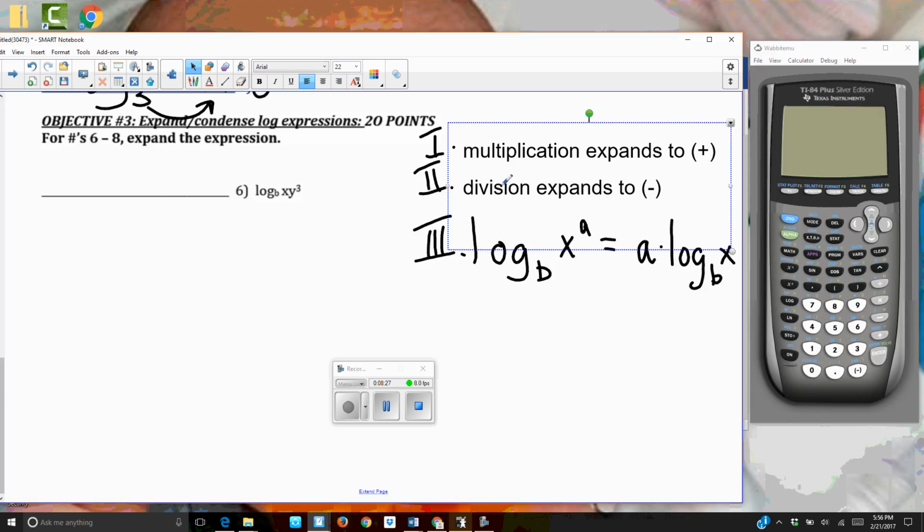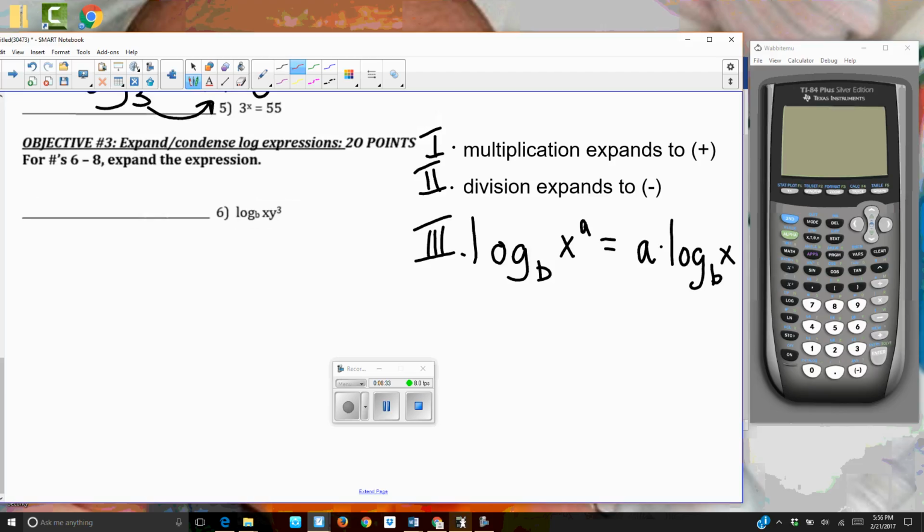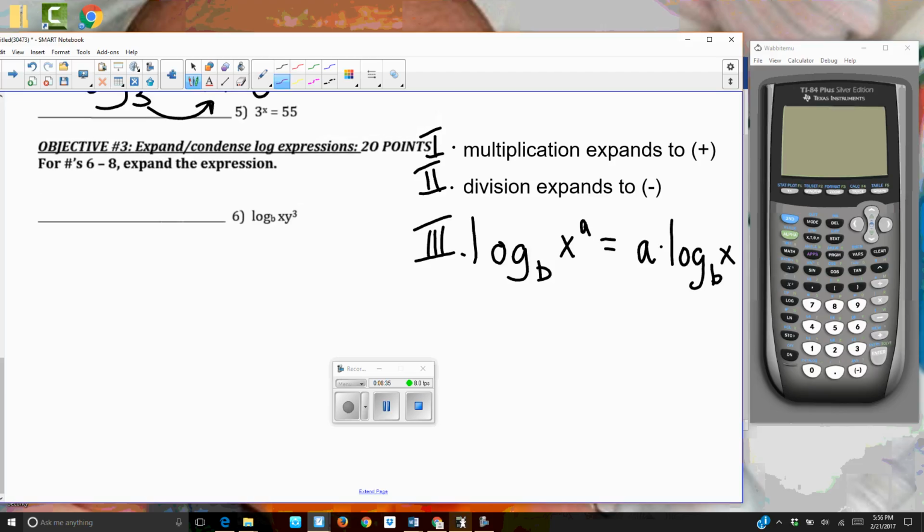And then this third log property, no real easy way to explain this in words, but all that really happens is this number that's in the exponent slot, this number right here, just moves to the front of the logarithm.